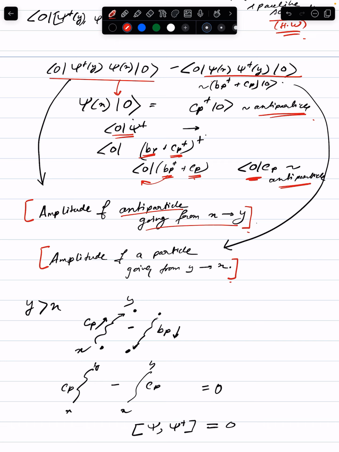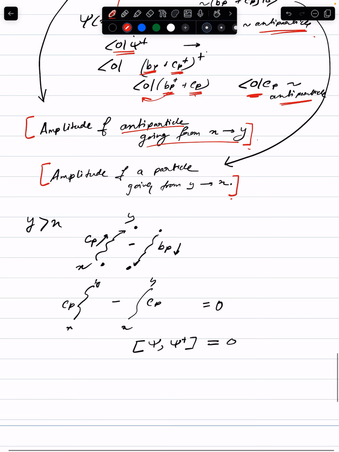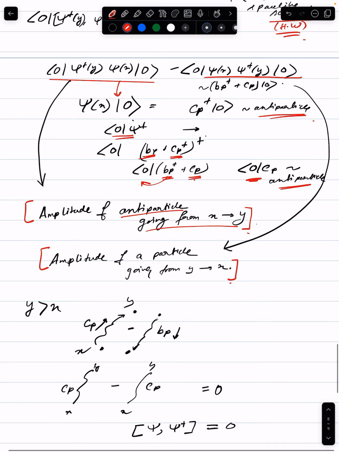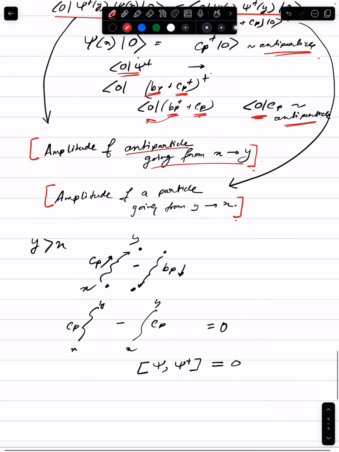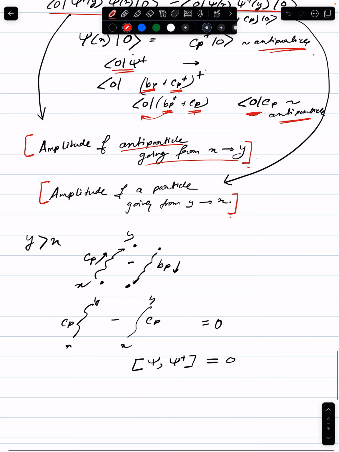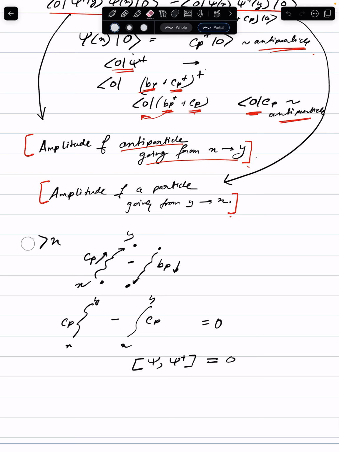So this will be the antiparticle going from x to y and the amplitude of a particle going from y to x. So now suppose I am considering again some frame where there is a person who is saying that okay, there has to be a frame where x happens before y.